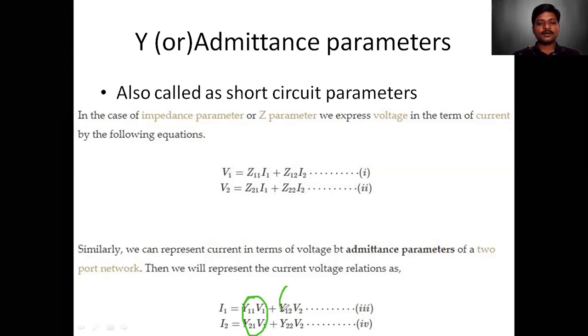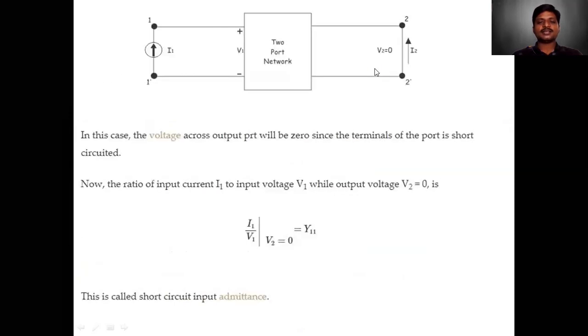Then you can find Y12 as I1 by V2. Similarly, Y22 is equal to I2 by V2. That is how you are going to find admittance parameters when the network is given.